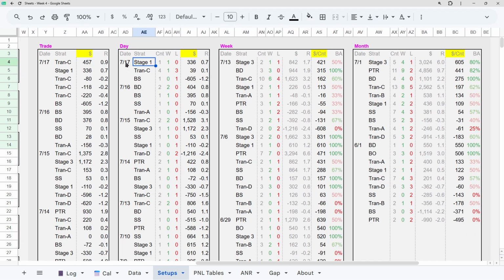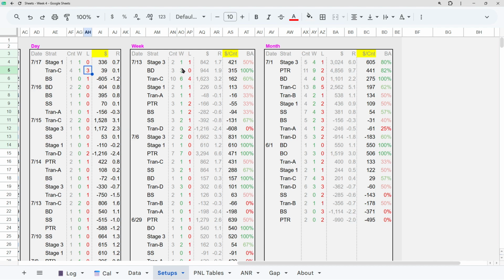So I can say, okay, on Friday I played 3 strategies. 1 trade was a stage 1 trade, 1 was a buy setup, 4 trades were transition Cs. I can now zoom into this and say, okay, 4 of these, only 1 winner, 3 losing trades. Not so good. I can zoom in now and understand things without looking at every single trade.